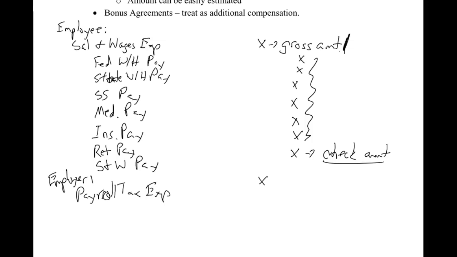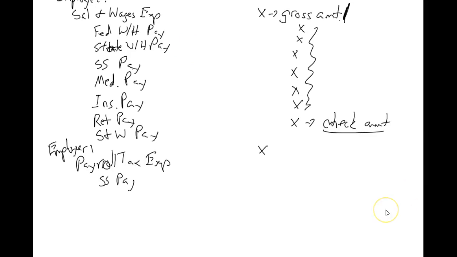Okay, and it's basically going to be the sum of. So they're going to have the Social Security payable. Let me scroll up here a little bit. All right, Social Security payable. They're going to have the Medicare payable. All right, and it's important to note. So I'm going to circle this and this. All right, these amounts are going to be the same as the two up top.